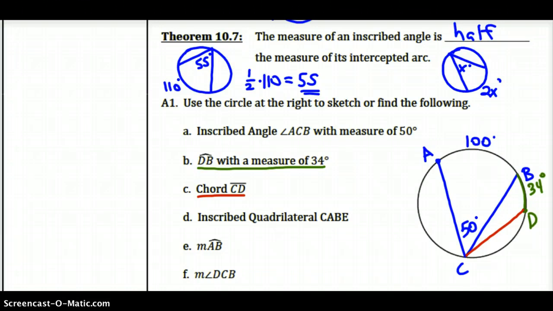Okay, that wasn't too bad. Inscribed quadrilateral CABE. So CAB, and I'm going to put E right here. E could be anywhere between B and C. So I'm going to trace this.